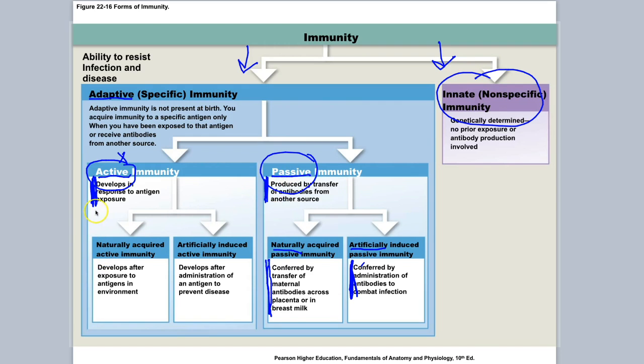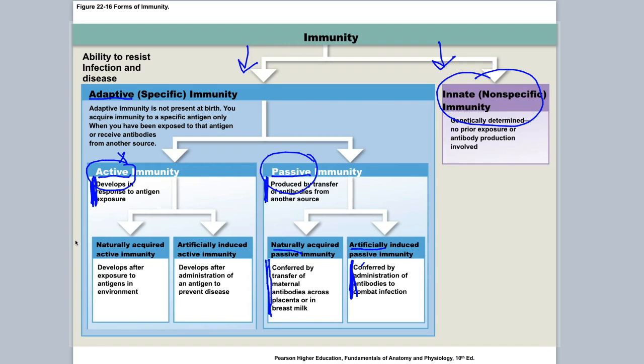In active immunity, these are mechanisms in which our cells are actually involved. Active immunity is immunity that is acquired because our cells encounter a pathogen or part of the pathogen, and those cells actually react to that pathogen.